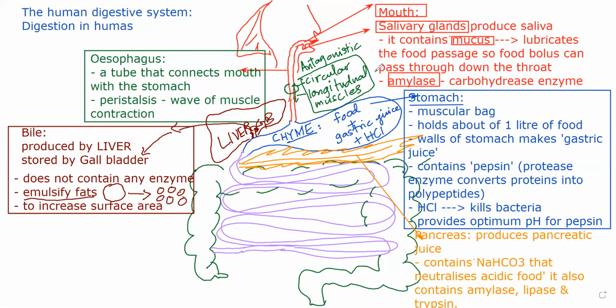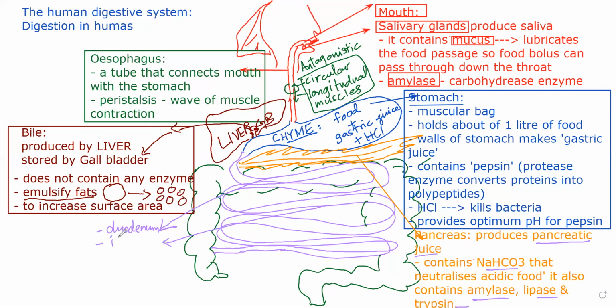Here in the small intestine, as you can see, there is the first part, and here there is the next part, which is called the ileum. The first part is called the duodenum, where the pancreatic juice, containing all these enzymes, is entering. All this digestion is taking place in the duodenum.